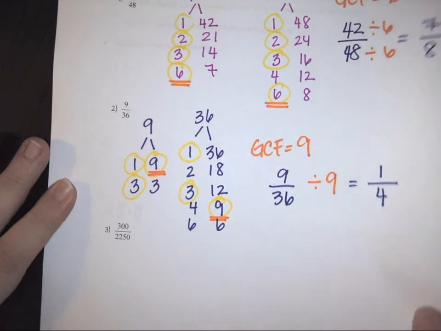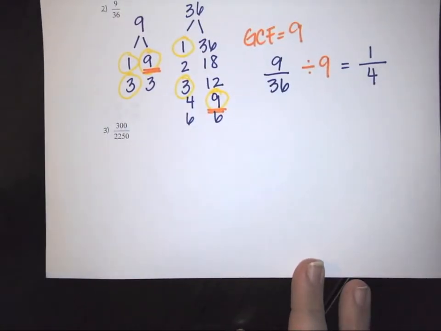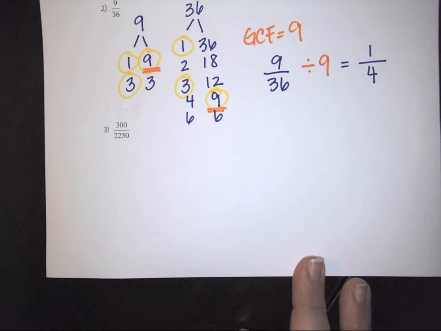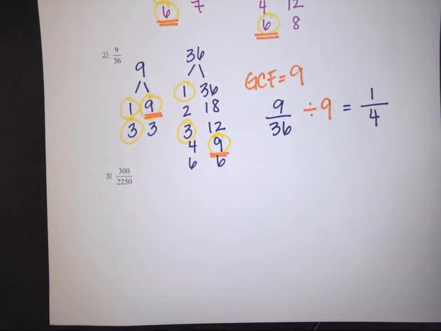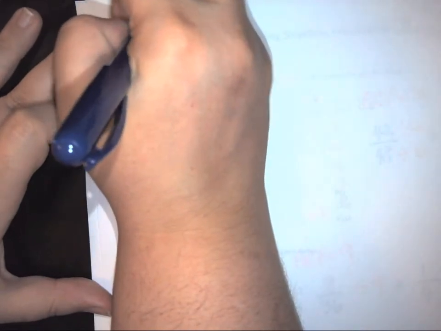Now, let's look at a fairly big number. So here I have 300 over 2,250. So let's take a look at that.